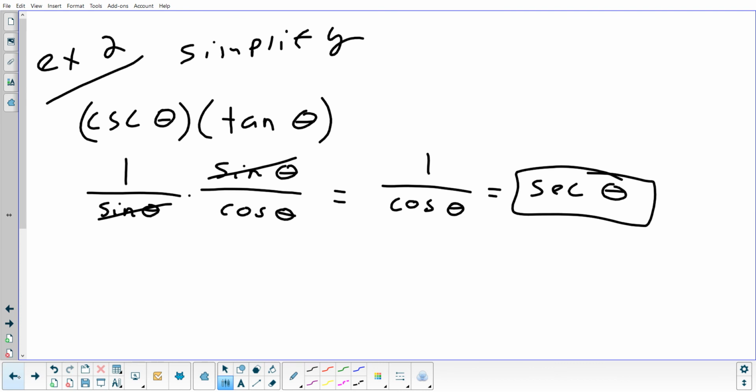Now, these last 2 problems are more of an open-ended problem. With a simplify, you never know when you're done. You just keep going till you get something that you can't go any further with, like when you're down to a single trig function by itself.